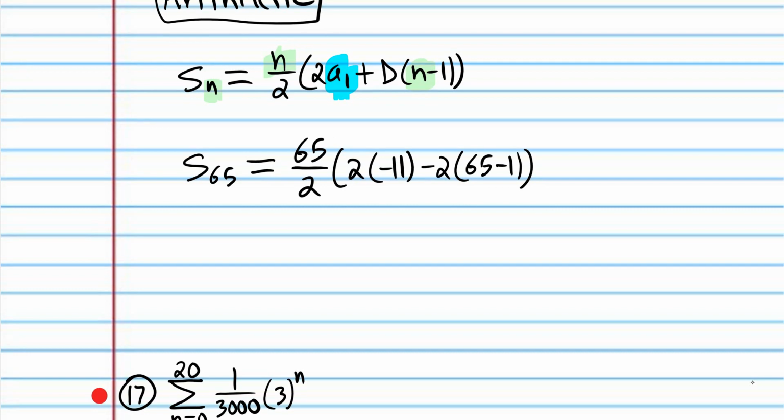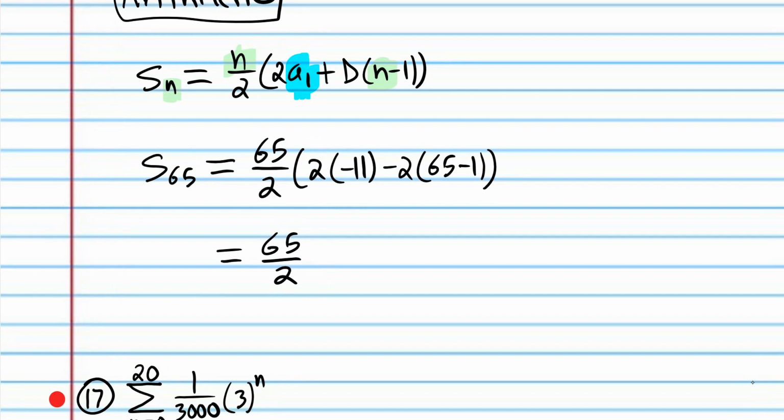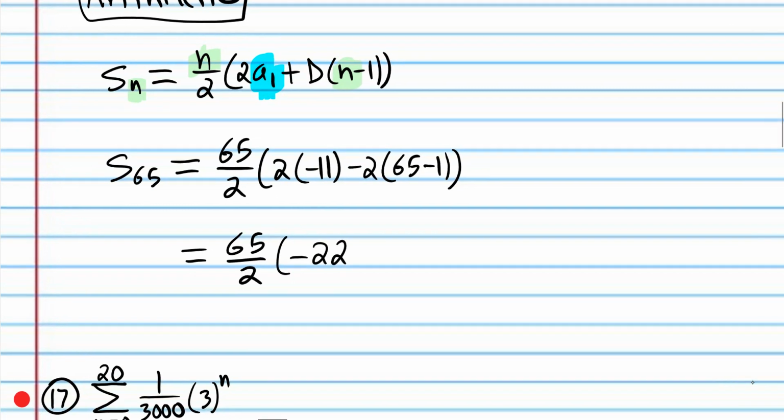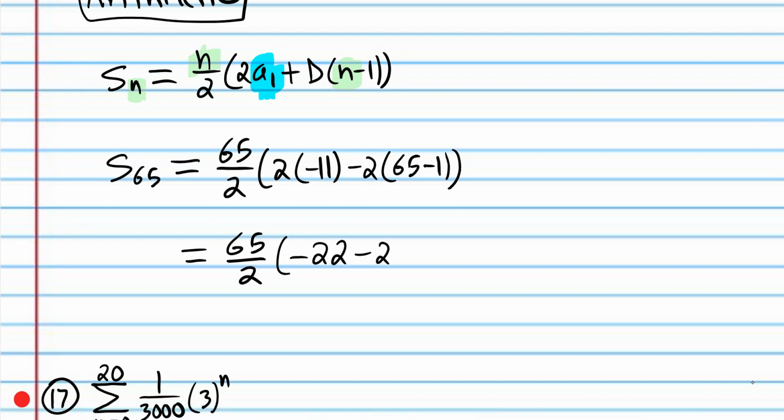I'm going to leave that as 65 over 2 because I have a feeling that 2 is going to cancel out. It might not. So we get negative 22 minus 2 times 64. Be sure to write enough parentheses there.